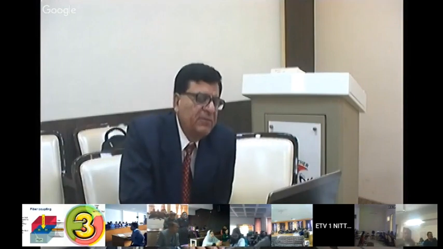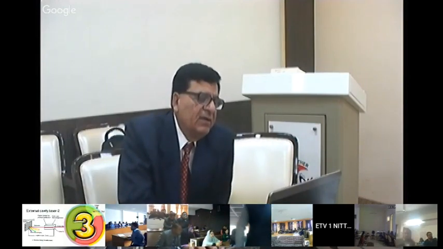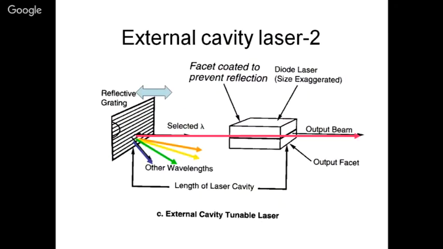So coupling of fiber is there, and in order to select a particular wavelength, because after all, even if we say laser is coherent, still it has many other wavelengths also, maybe very near. So in order to focus on only one particular wavelength, there has to be some kind of arrangement, either a prism or a grating.